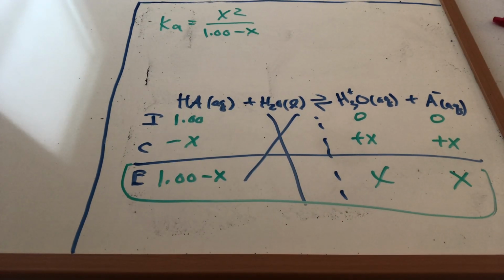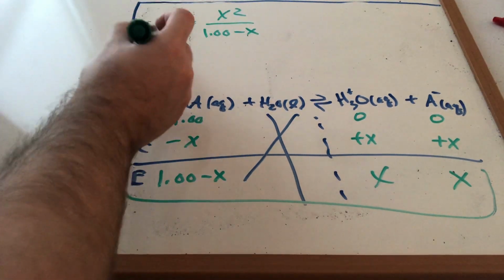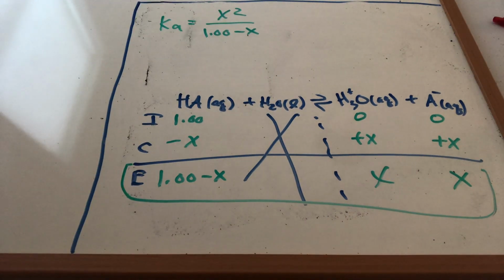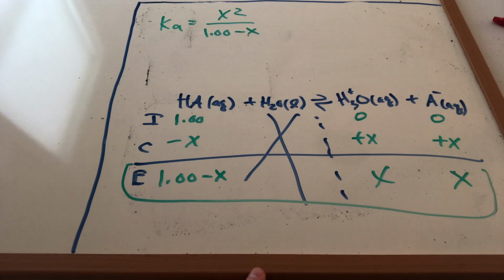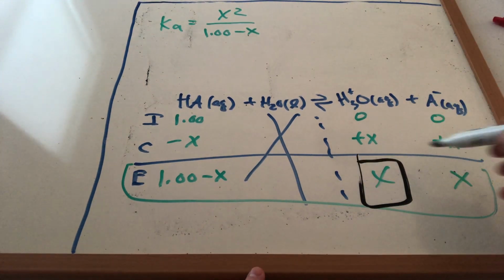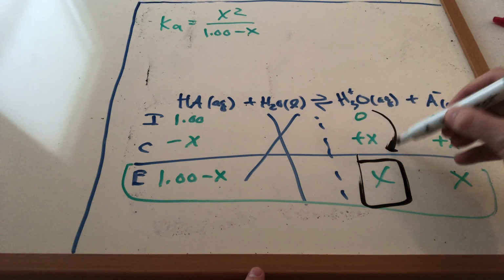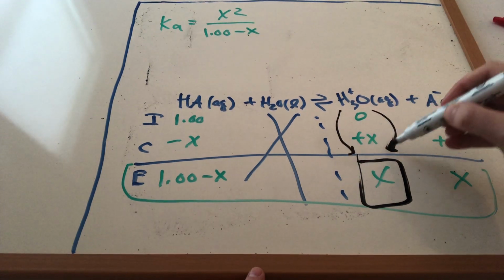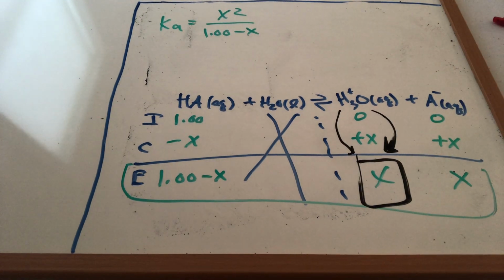So it looks like I'm stuck at this point. What we have is one equation here, but two unknowns, Ka and X. And here's where that last bit of information that we didn't use comes into play. What we have is a situation where X is actually known. Why do we know X?